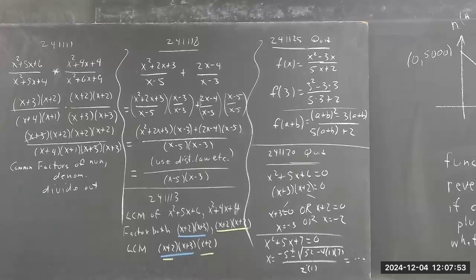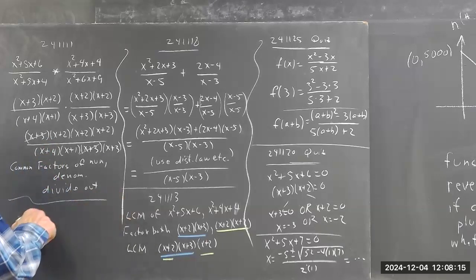I've seen people do that. None of you. But there it is. Now, I could then expand all this. I could use the distributive law to multiply all this out and so forth. But I'm not going to take time to do that.